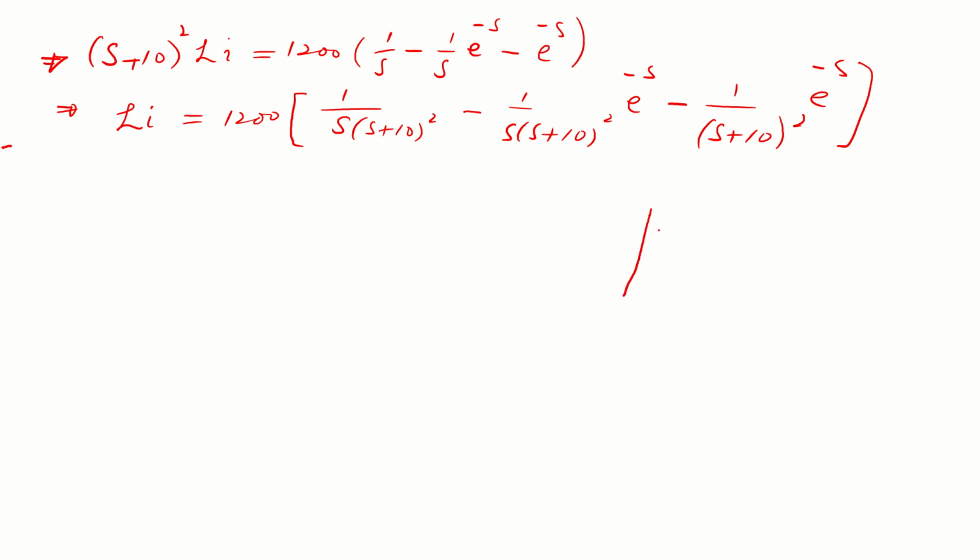It can be done in the following way. 1 over s into s plus 10 squared, we write that as A over s plus B over s plus 10 squared plus C over s plus 10.